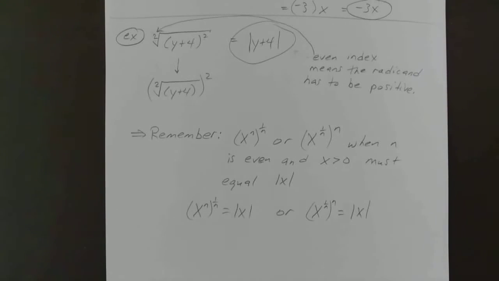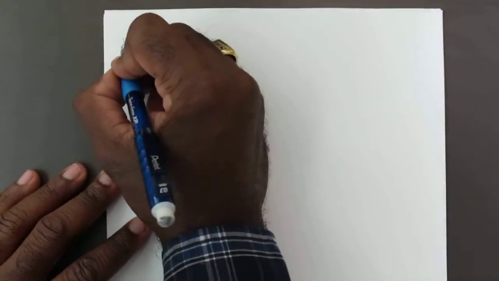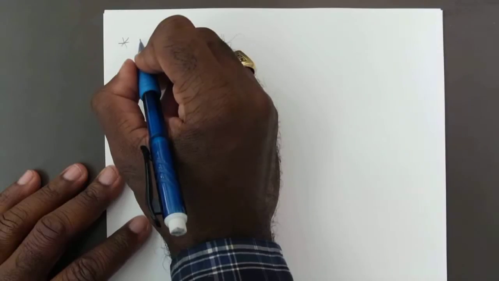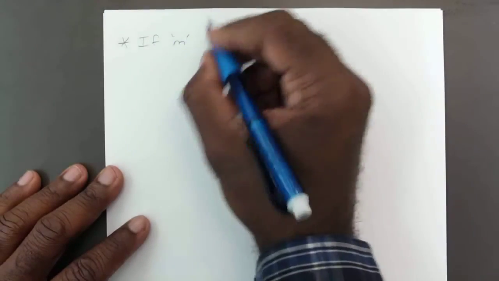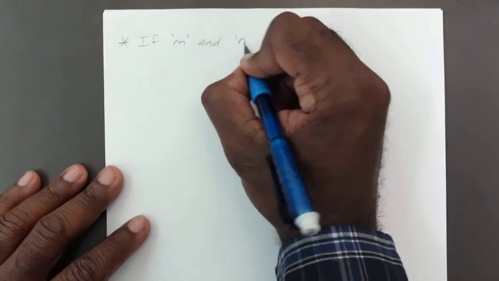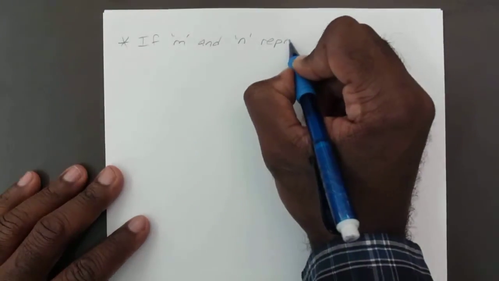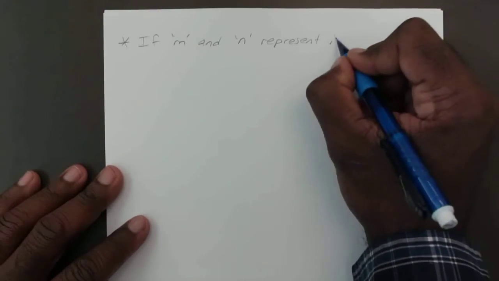Okay. So this is going to kind of lead into, I guess you could say, the main idea of this section. Okay, so let's say if we let the letters M and N represent integers.